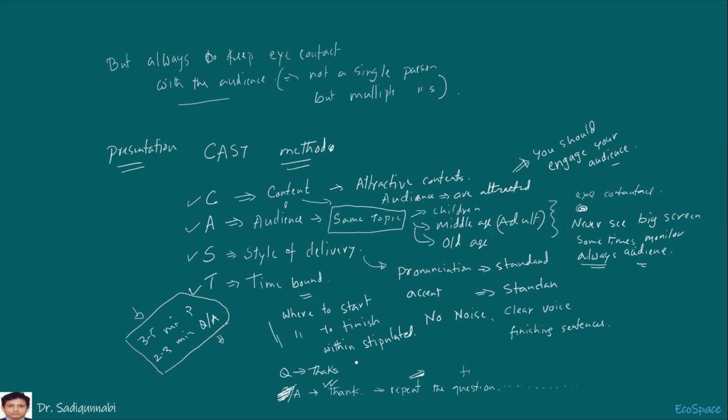Your presentation was so nice. And then you say, my question is this. So this is for question and this is for answer. Have you got it? Yeah, sir, I got it. Okay. All right.